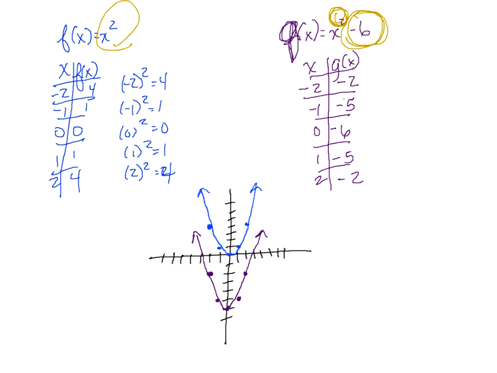All I've done is transformed the parent function by, since it's -6, it dropped down 6. 1, 2, 3, 4, 5, 6. Every point dropped down 6. And you'll learn a lot more about that stuff when we get to it.